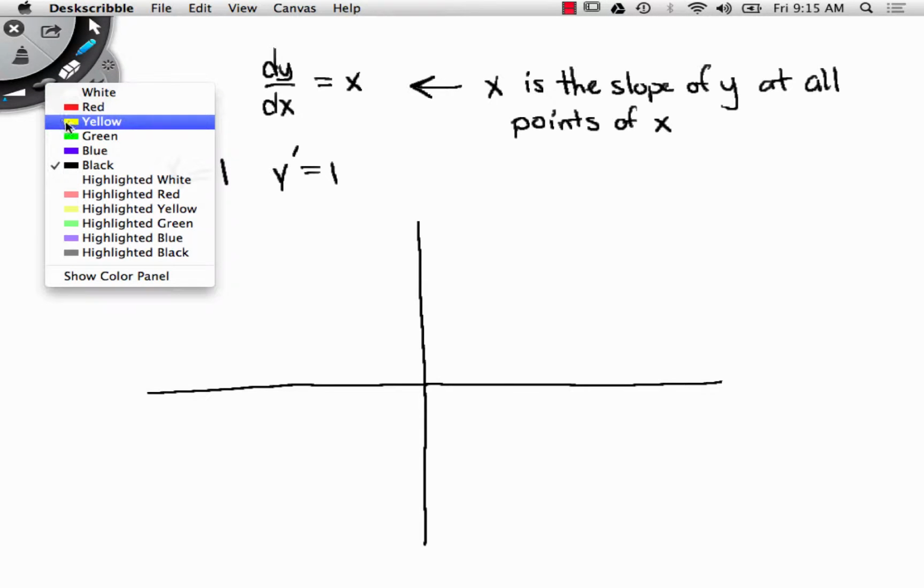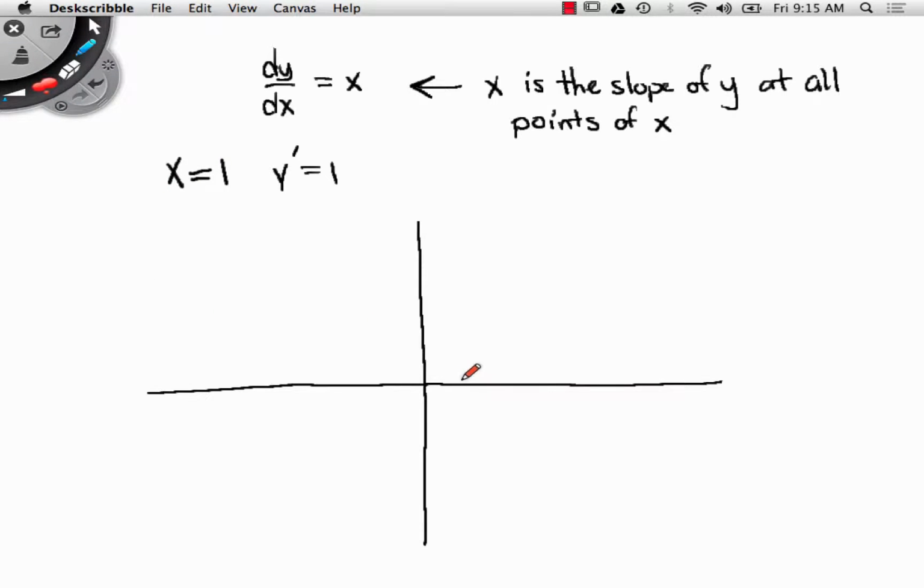And at the value of 1, I draw a mini tangent line which has a slope of 1. So it's right here. There's a slope of 1. And I would have to do that, wouldn't I?